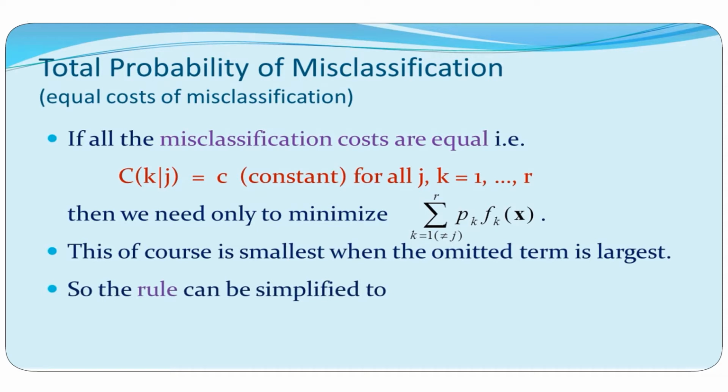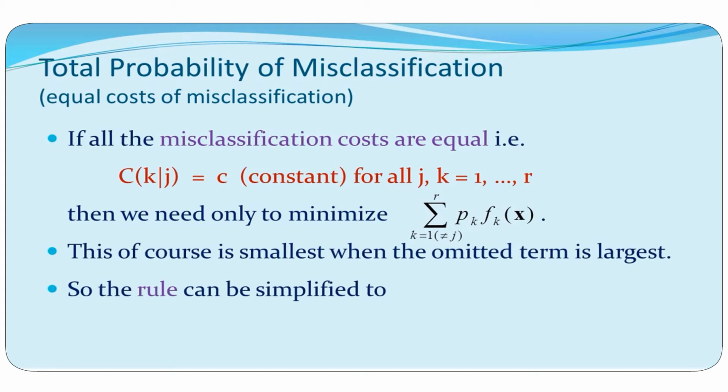Why do you say that? This is because if you take k equal to 1 to r including j, so what we are minimizing is k equal to 1 to r excluding j, so that will be including j minus the jth one, that is minus pj into fj(x).